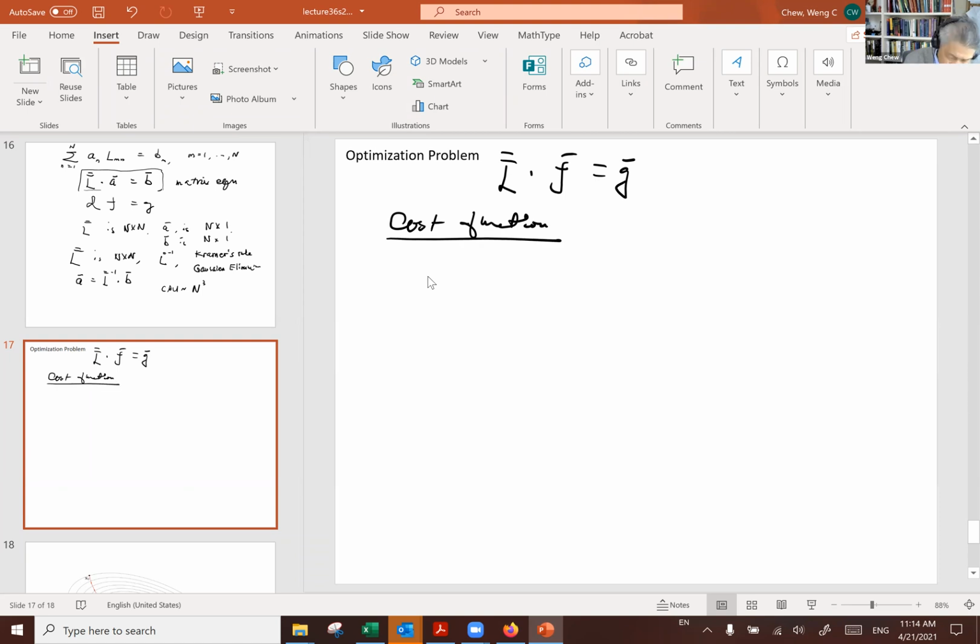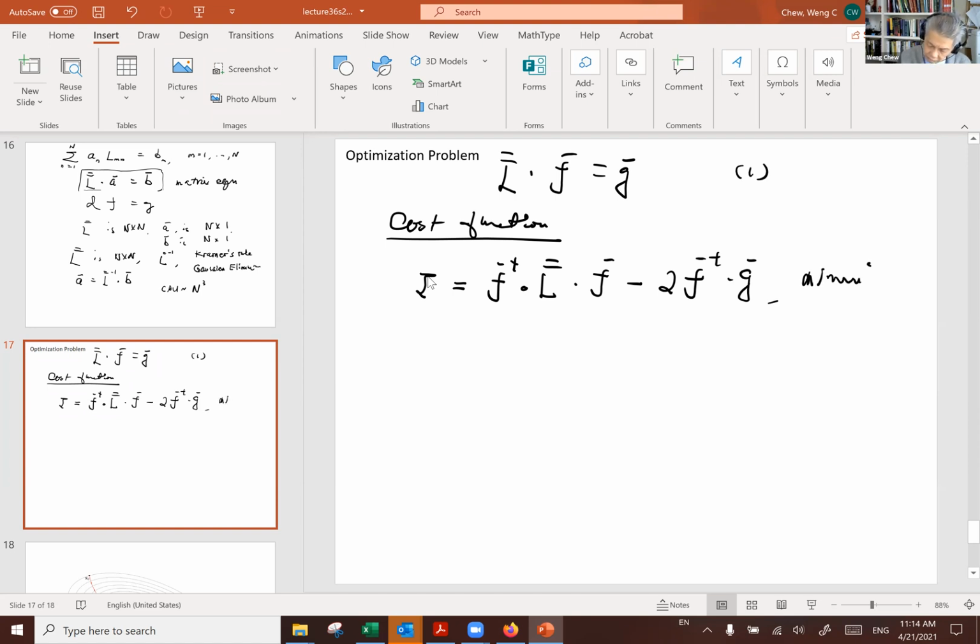We can define the cost function for this problem to be I equals F transpose dot L dot F minus 2 F transpose dot G. I'm writing everything in linear algebra notation. And this cost function I is something that you like to minimize. If you can minimize this function, it would be the same as solving the above equation 1. Okay, so if you minimize I in this equation, it is equivalent to solving 1.